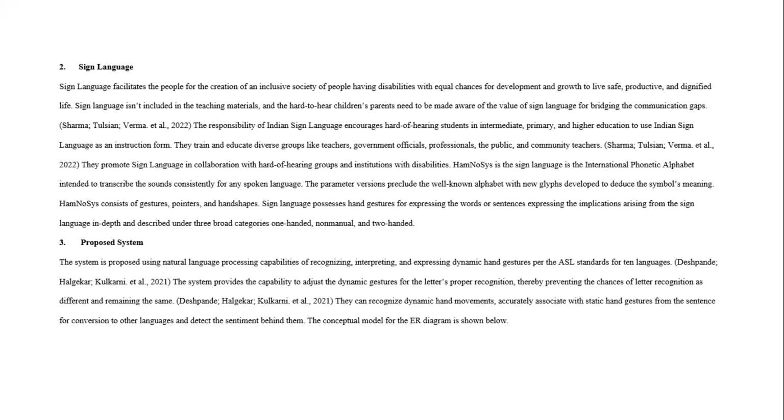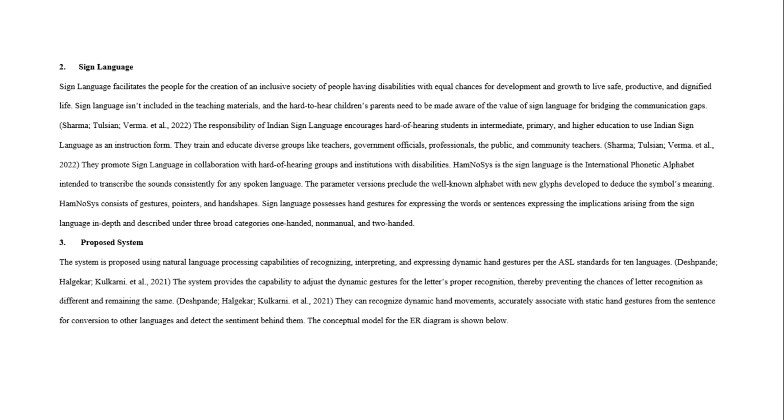It has the phonetic alphabet for transcribing the consistent sounds for the spoken language. The parameters would include the well-known alphabets with the glyphs to detect the symbols' meaning.